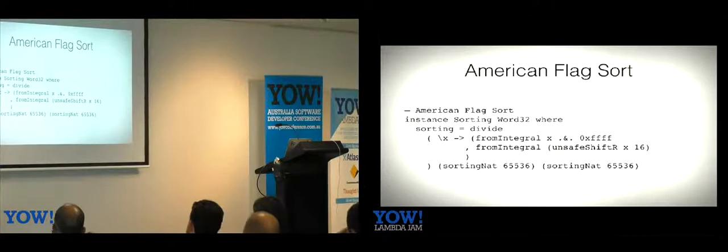Now, this is the approach that Fritz takes in the paper, but where I was talking about how American flag is sort of top-down and radix sort is bottom-up. So American flag is going to do lots of little sorts, and radix is going to do an enormous set of sorts. It's going to sort everything, however many times you have, sort of.